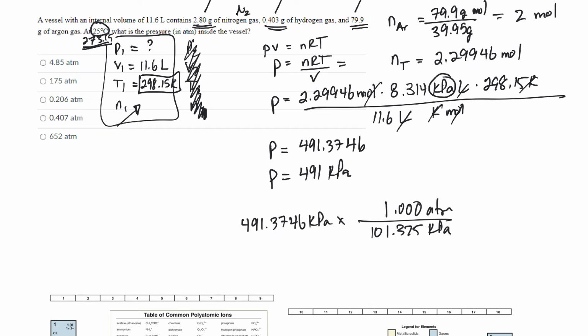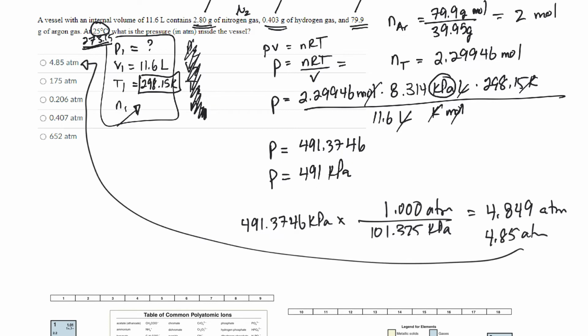So if I take that number I just got, oh no, I deleted it. 491.3746 divided by 101.325 is 4.849 atmospheres. So 4.85 atmospheres, I'd be going with that answer. Okay, that's a good one.